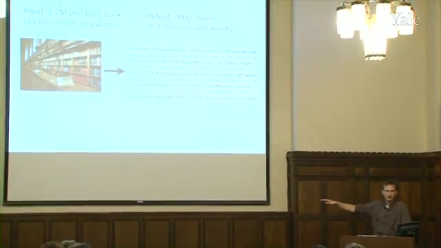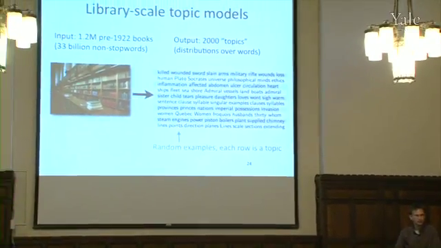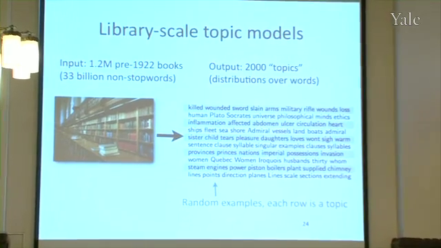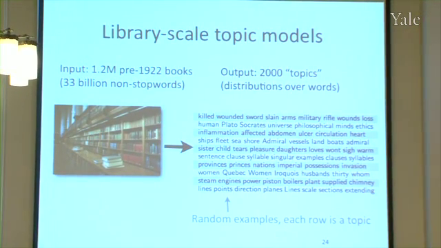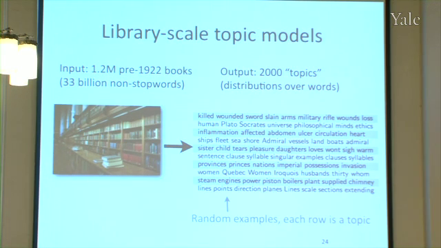If I remove the non-interesting words and the low-frequency words, where non-interesting means the, and, of, that sort of thing, there's still about 33 billion unique tokens. The vocabulary size is about 65,000. And I can get an output that looks like the thing on the right. The way to read this is each row is the most frequent words in a theme or topic.